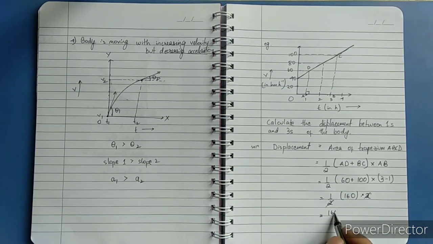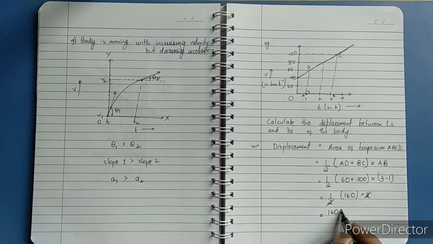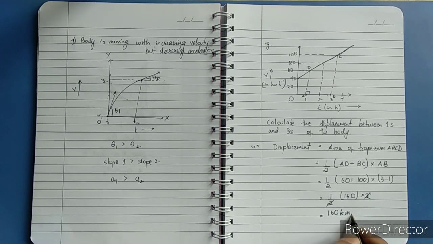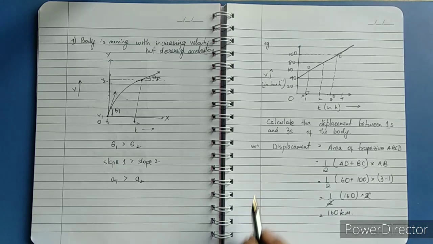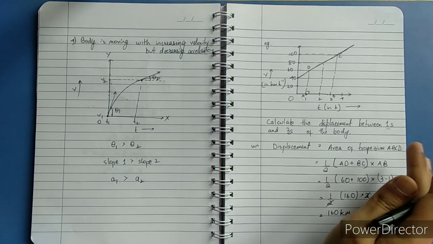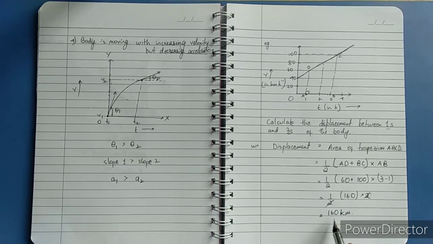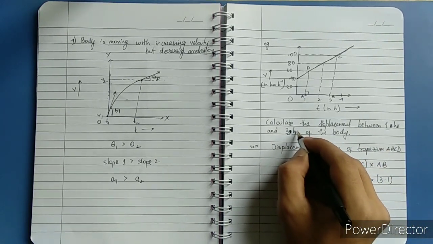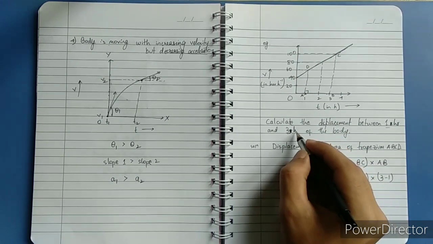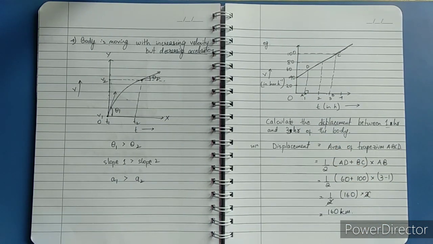This becomes 160 kilometers. So the displacement of the body between 1 second and 3 seconds, in 2 seconds, starting from 1 second till 3 seconds, the body covered 160 kilometers. So between 1 hour and 3 hours, not second.